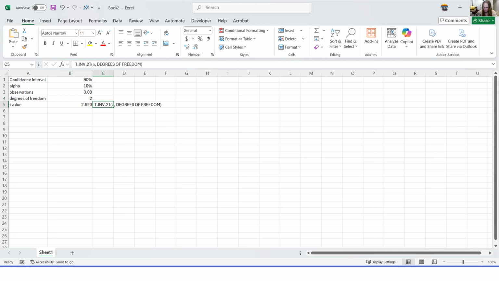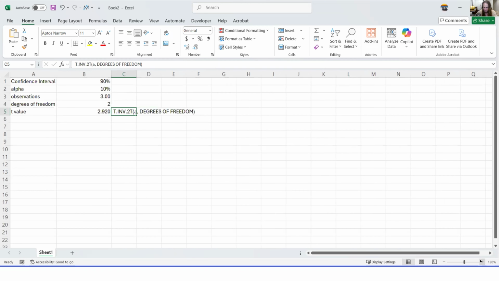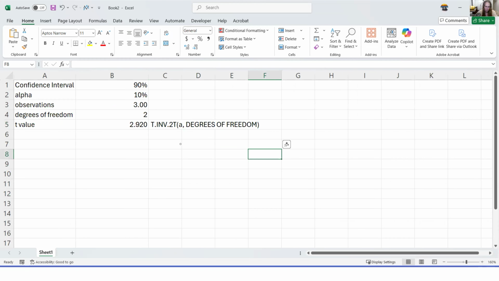So here's the formula for it. Let me make it bigger. T dot inv dot 2t. I don't know what the symbol for alpha is, so I just put an A in here, comma, degrees of freedom. So the alpha here is 0.1 and the degrees of freedom is 2.